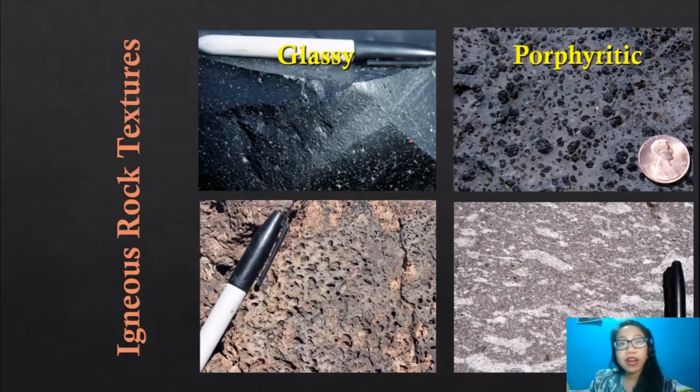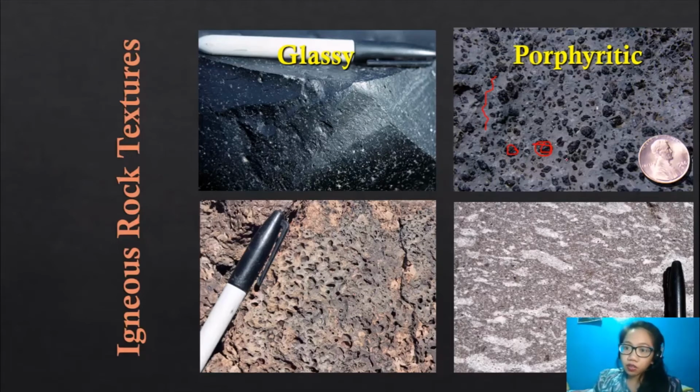You have porphyritic. So porphyritic is similar to my explanation before, because as you can see, it's made up of different types of grains. You have this large coarse grained material, and then you have this fine grain. So what happened here?